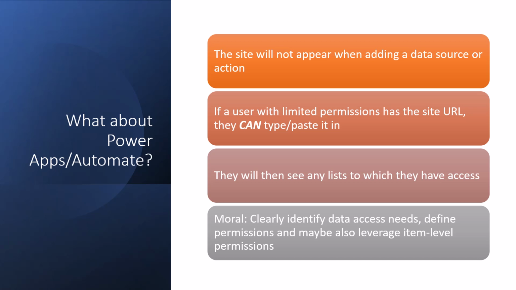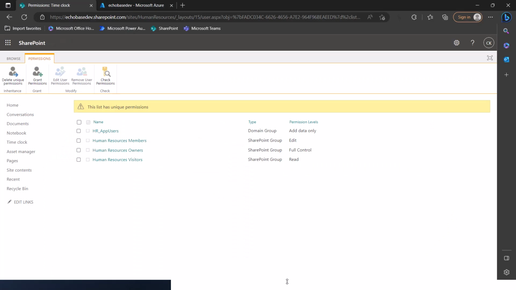So if your data is highly secure and confidential, then you want to factor this possibility in. One of the ways around that, well, first off, you want to clearly identify what access they need to the data, set up your permission levels appropriately, and then permission your lists appropriately. But you can also leverage something called item level permissions, a built-in setting in SharePoint lists and libraries.